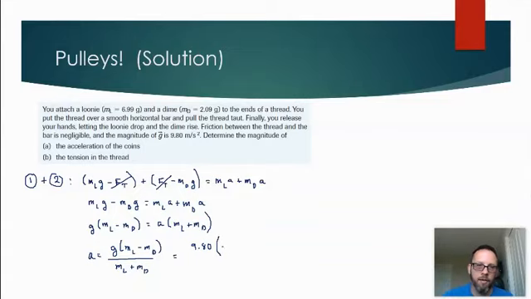So 9.80 meters per second squared. Being mindful here, those masses were given in grams, so we do need to write those in kilograms. So 6.99 grams is 0.00699 kilograms minus 0.00209 kilograms, divided by the sum of those two.